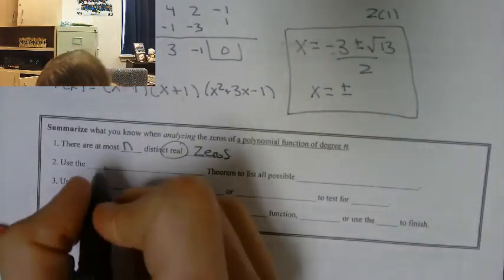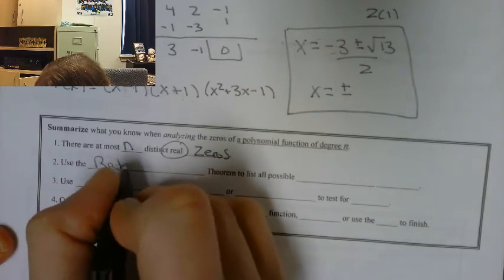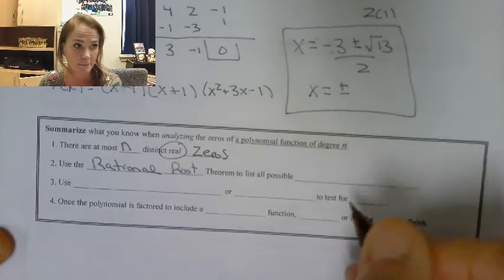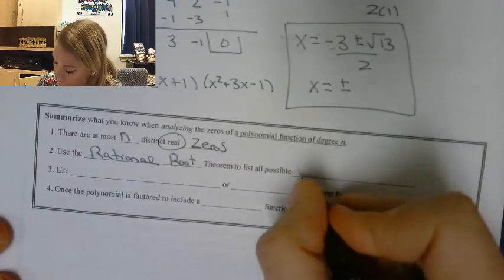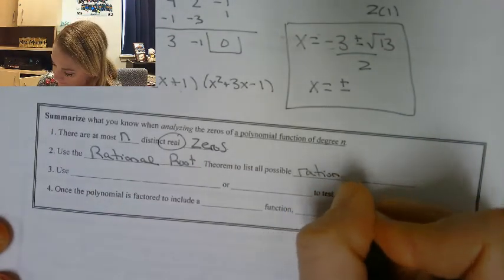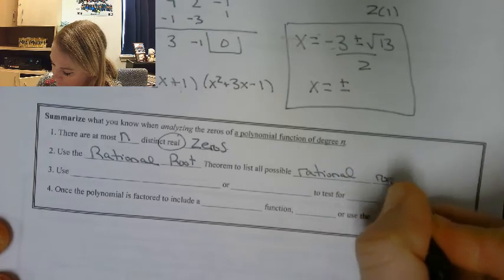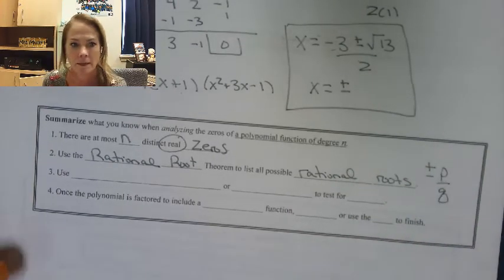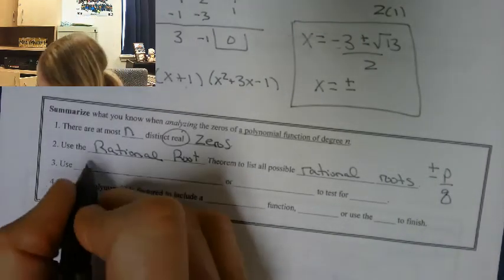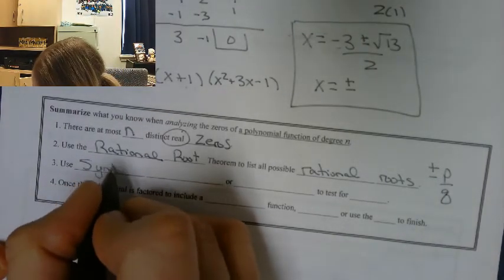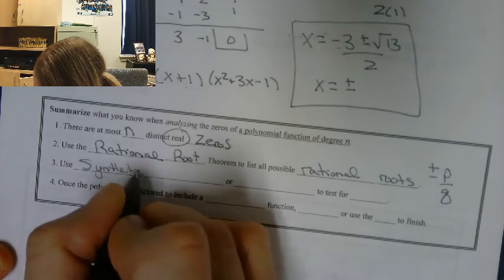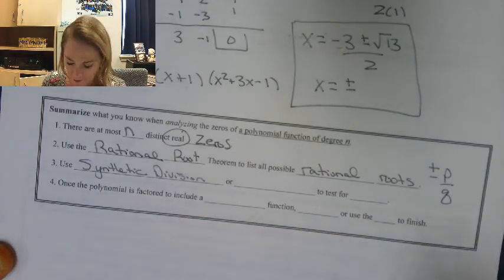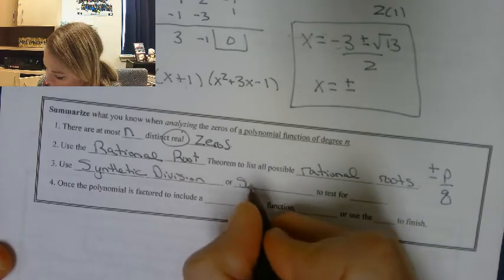We want to use the rational root theorem to list all possible rational roots. So that's your plus or minus p over q. You're going to want to use synthetic division, or the remainder theorem, which is substitution.